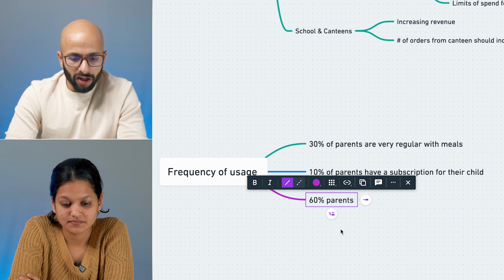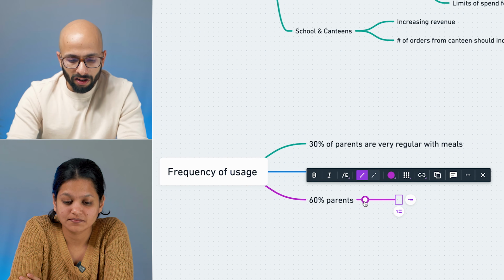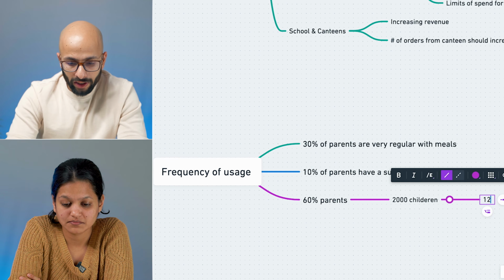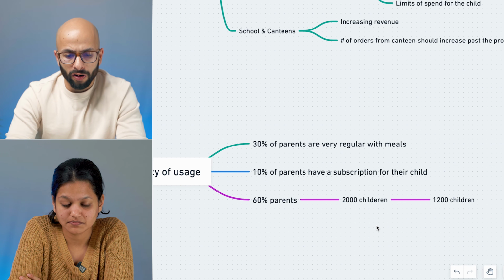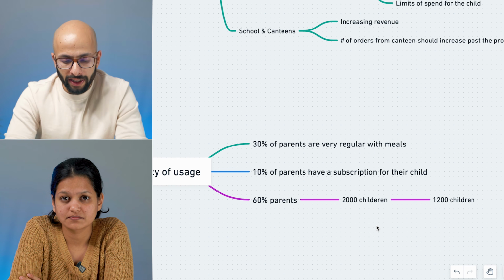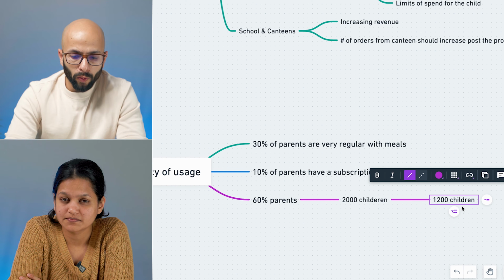If you look at 60% of parents, and a school has, say, 2,000 children, you're looking at at least 60% of this, which is basically 1,200 children. This kind of use case probably happens for a parent at least once or twice a month, at minimum.